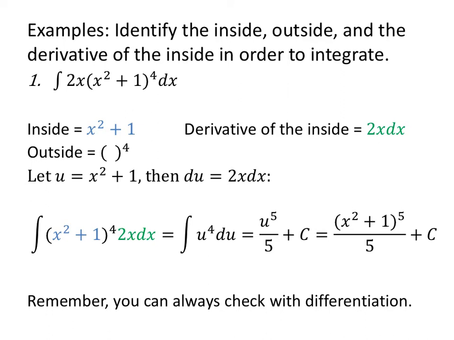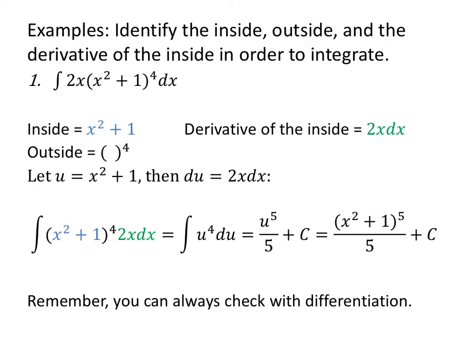Okay. So we're going to identify the inside, the outside, and the derivative of the inside in order to set up our integration. Looking at the antiderivative of 2x times the quantity x squared plus 1 to the fourth dx. When we think of inside, we're thinking inside of parentheses, inside of a radical, inside of a trig function, inside of a denominator sometimes.